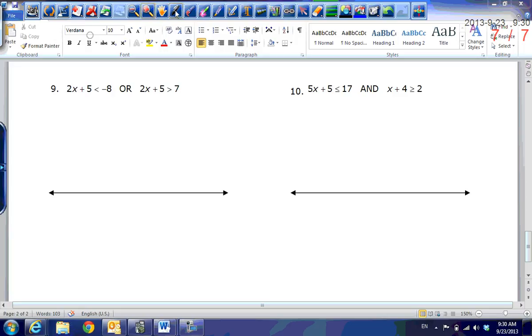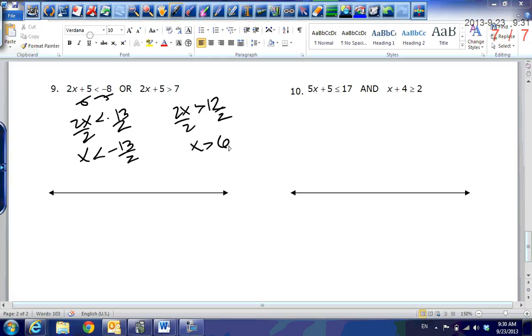Alright, number 9. Subtract 5 on both sides, so I get 2x is less than -13. Divide by 2, so x is less than -13 halves. Did I do that right? Good. So 2x is greater than 12, divided by 2, and x is greater than 6. So I got 6, I got -13.